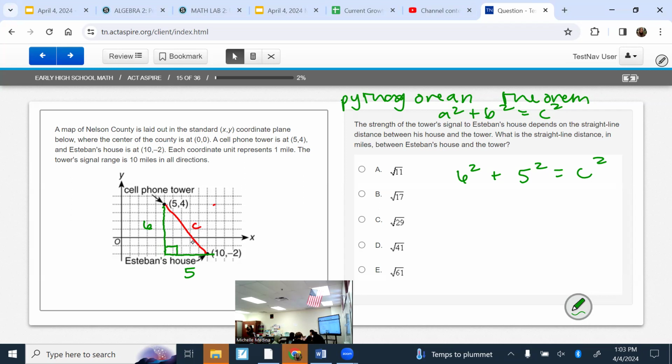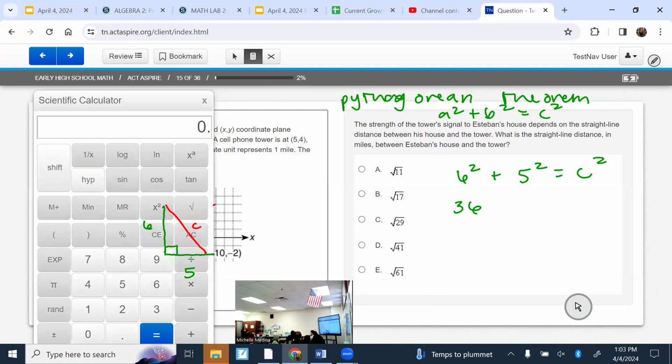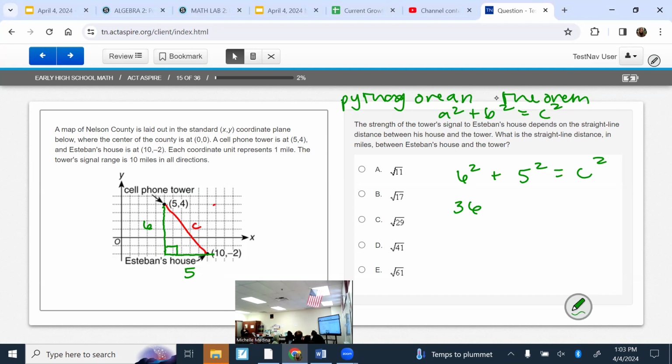What's 6 squared? 36, and you can use your calculator, including this one, if you didn't know that. There's a square button over here. Right, but I don't need it for this one, I think. 5 squared is what? 36 plus 25 is 61.